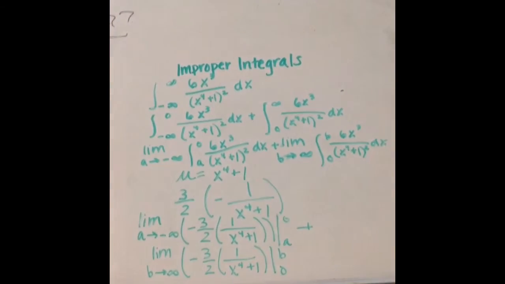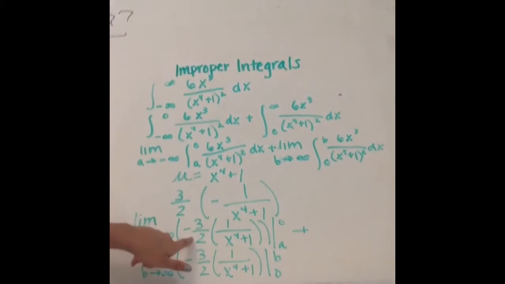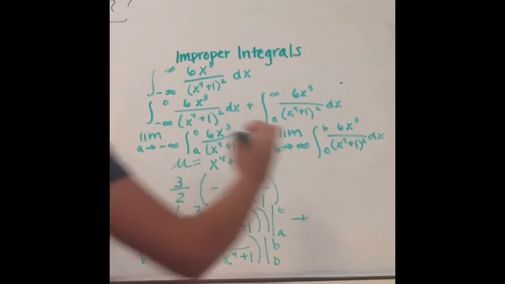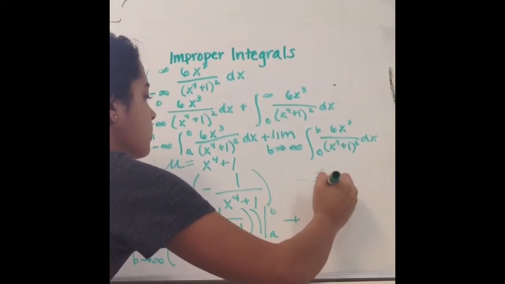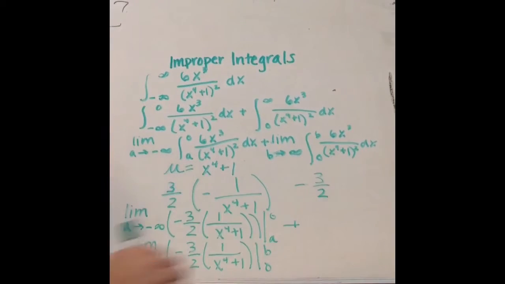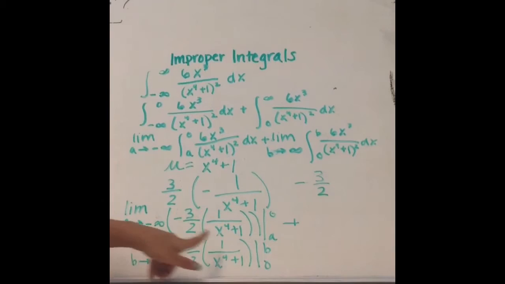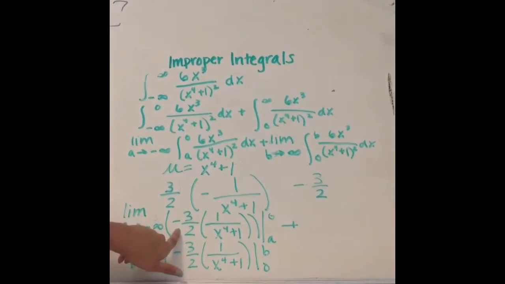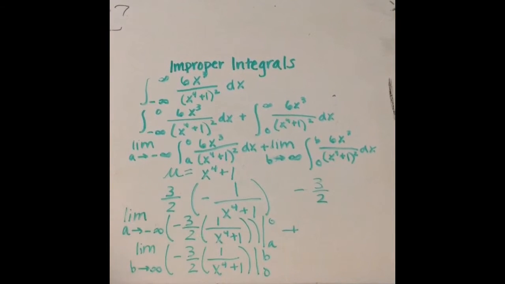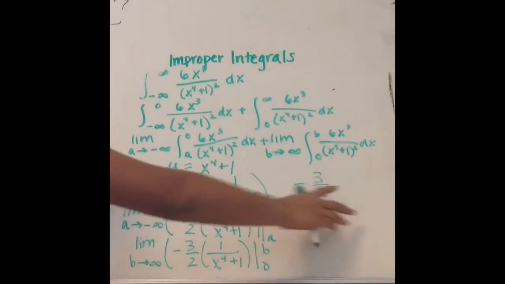Okay, so when we replace 0 into here, we get 1 over 1 times negative 3 over 2, so we'll end with negative 3 over 2. And then when we put a, which is approaching negative infinity, into here, the 1 becomes insignificant, and it becomes practically 0. So we'll have nothing here.